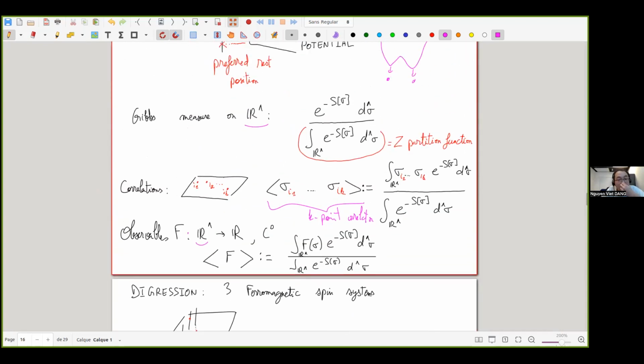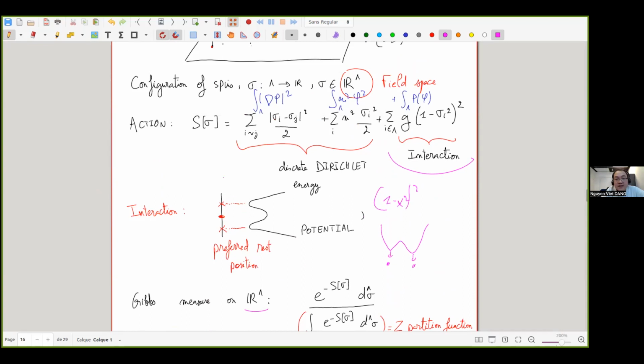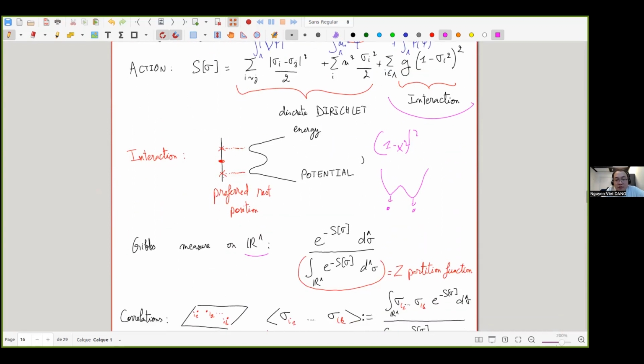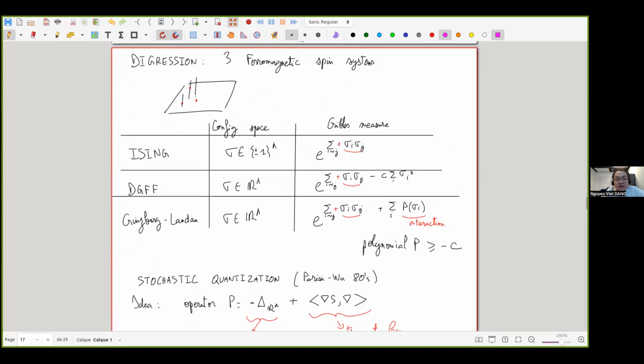So why are the Phi^4_3 model and this Ginzburg-Landau model interesting from the mathematical physics point of view? From what I understand, they are interesting because they fall into the class of ferromagnetic spin systems. Here I give you a non-exhaustive list. The most famous one is the Ising model. The Ginzburg-Landau model without interaction, so without polynomial, is the discrete Gaussian free field.